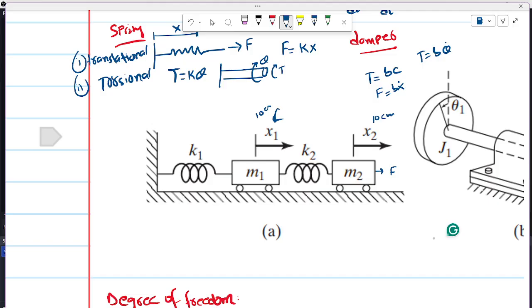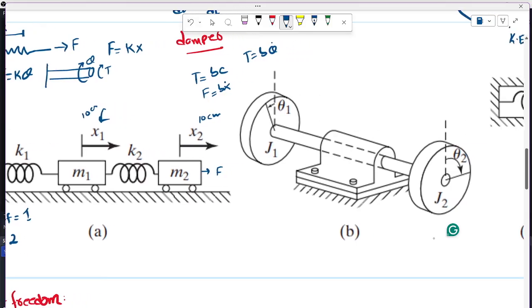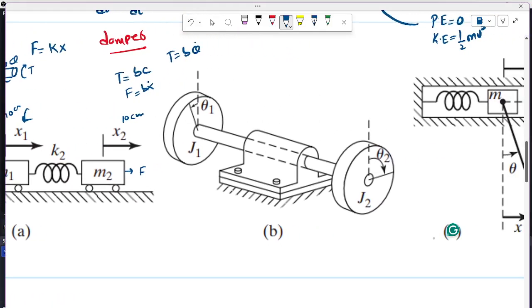So it has 1 degree of freedom, but it has two independent coordinates. It can move only along the x-axis, but the number of independent coordinates in this case is 2. Then you can check out this one. Both of these discs can be rotated independently.